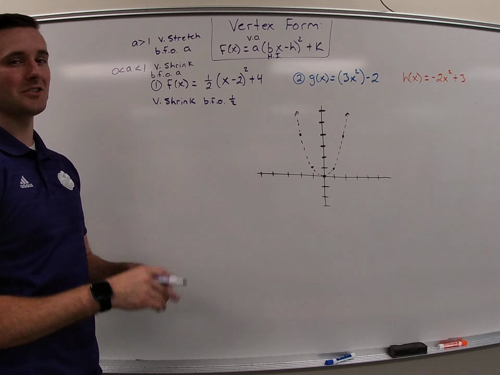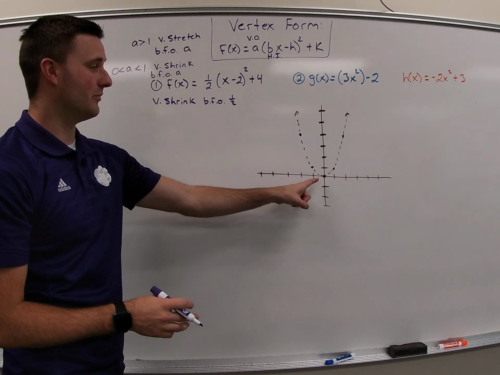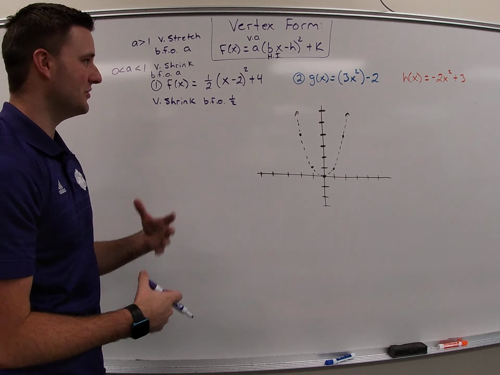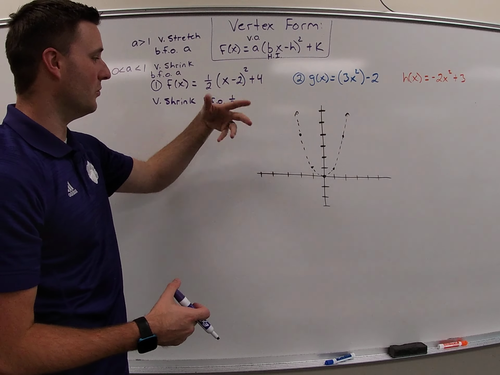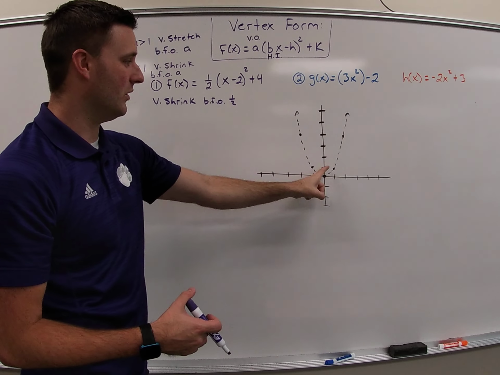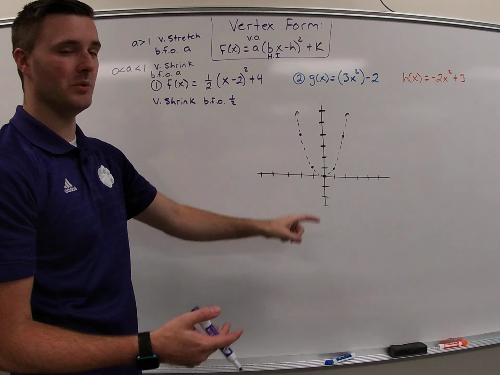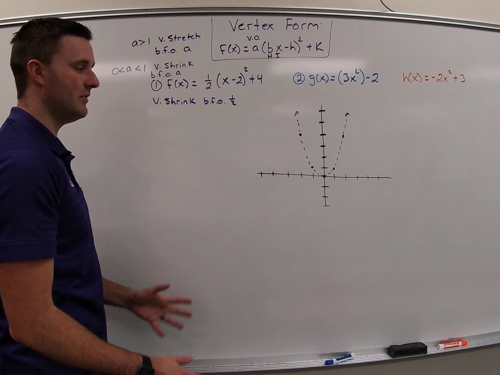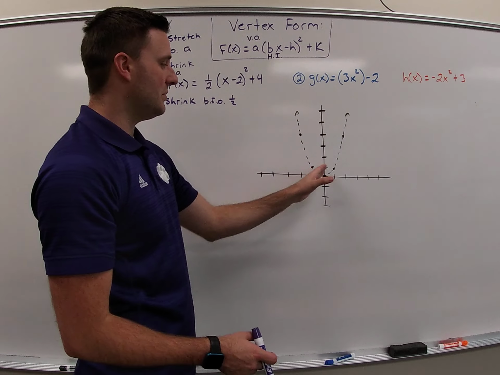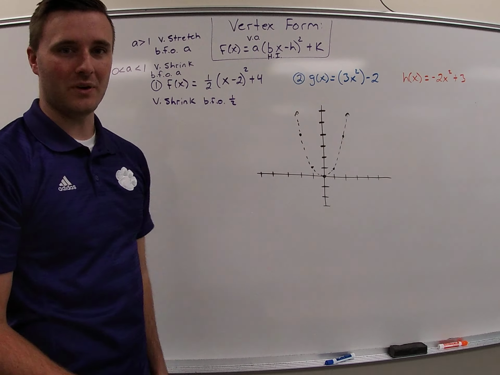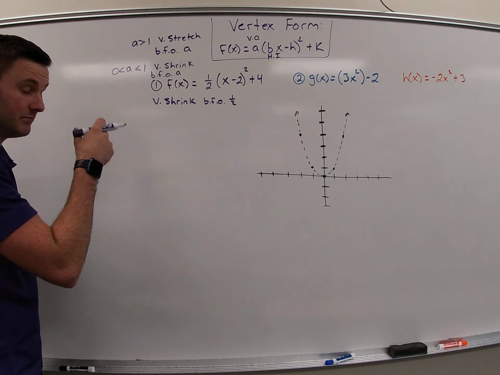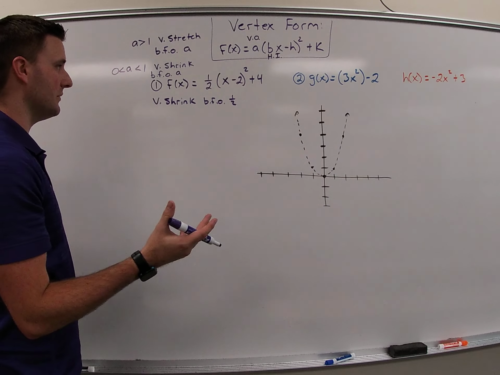That's going to act as our slope from our vertex to our next point. Do you see how when A is typically 1 in our parent function, our slope is up 1, right 1? And because it's symmetrical, it would also be up 1, left 1. Very similar to absolute value, except that slope analogy kind of breaks down when you try to find other points. But again, you can use your graphing calculator to help you out with that.